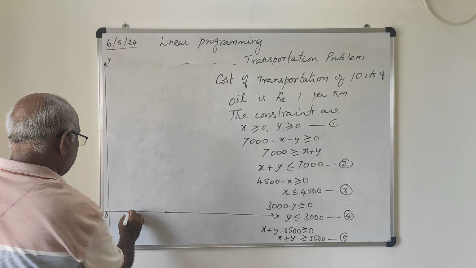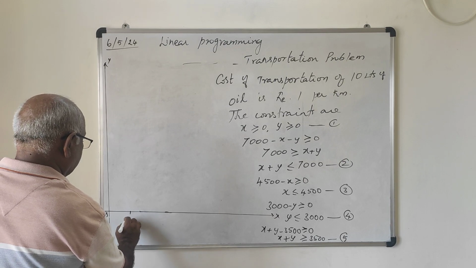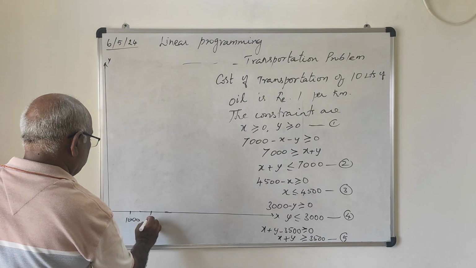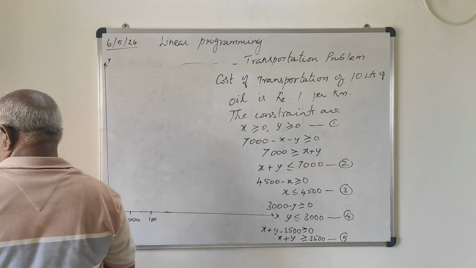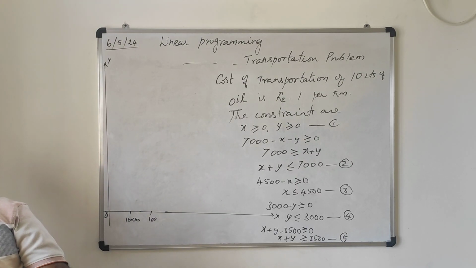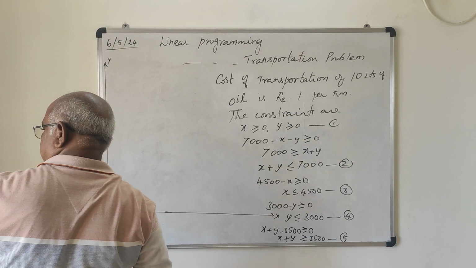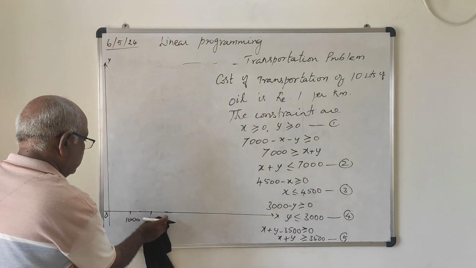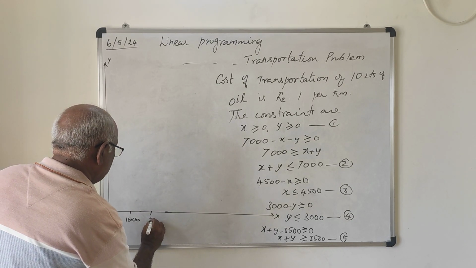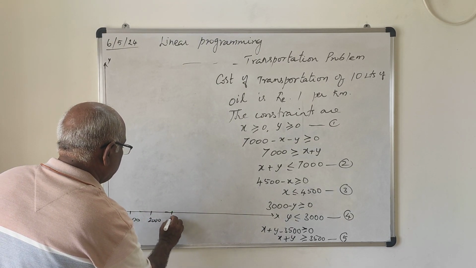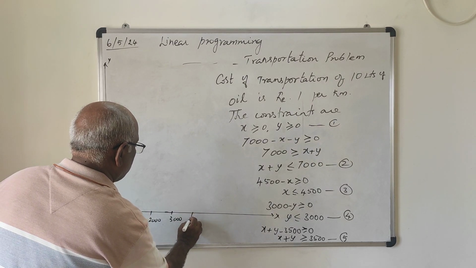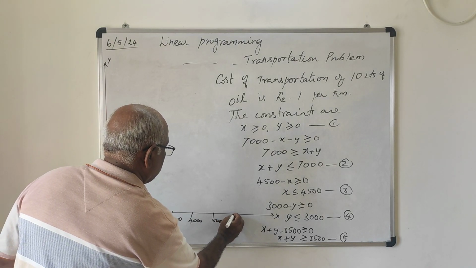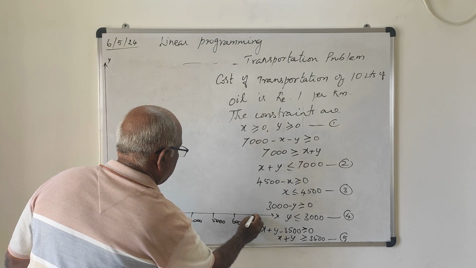The scale along the x-axis is 1000 per centimeter. Unit 1000, 2000, like that: 2000, 3000, 4000, 5000, 6000 and 7000.